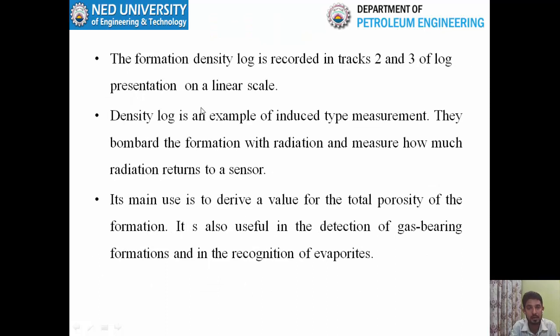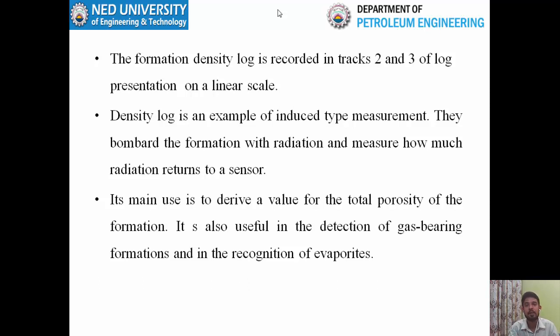The formation density log is recorded in track number 2 and 3 of the log presentation, and it is basically presented on a linear scale. Generally the scale we have seen in the previous slides is 1.95 to 2.95 gram per cc. This covers the most common lithologies found in a given log section, but sometimes the densities can be higher than 2.95, and sometimes they can be lower.